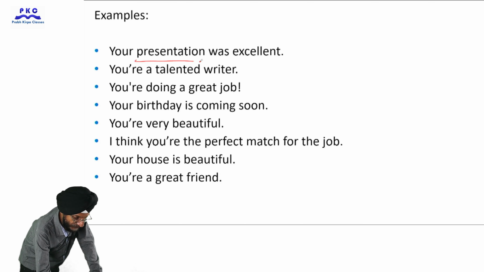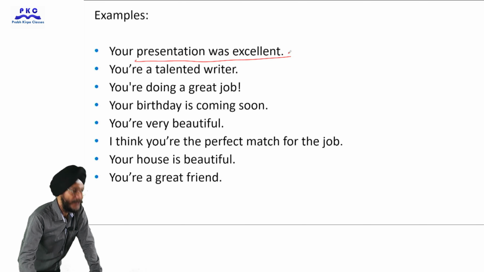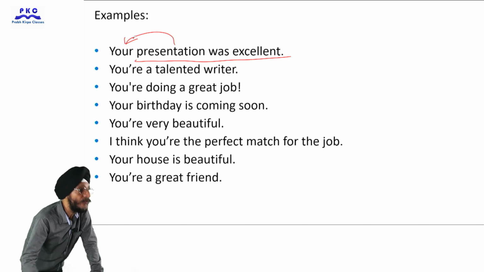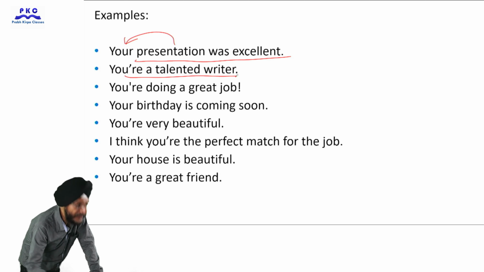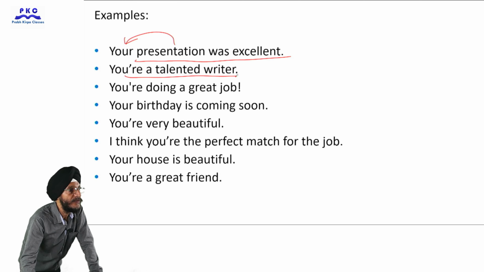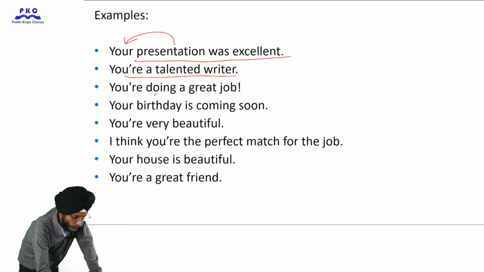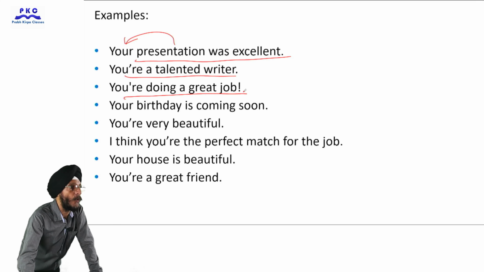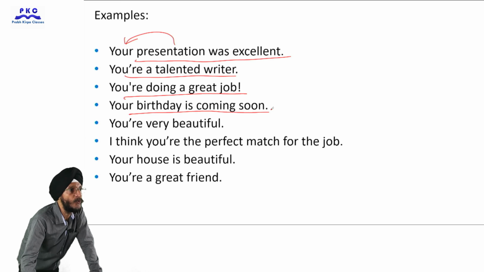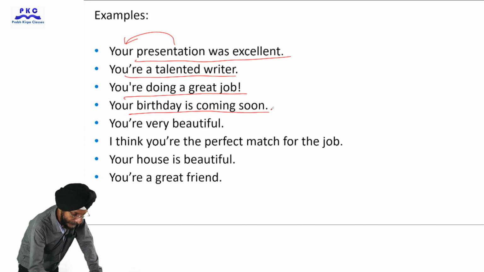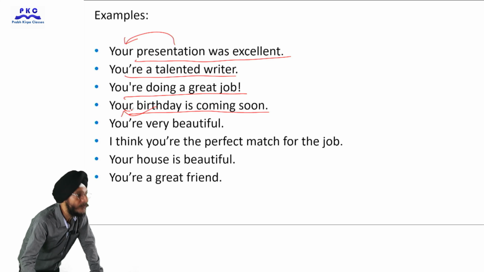Your presentation was excellent. Presentation belongs to you. You're a talented writer. It is okay. You're doing a great job. It is okay. Your birthday is coming soon. Birthday belongs to you. It is your birthday.